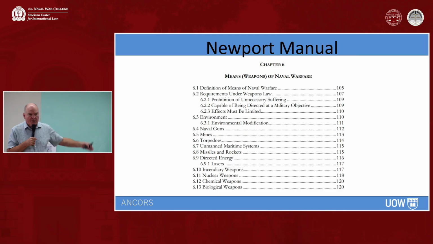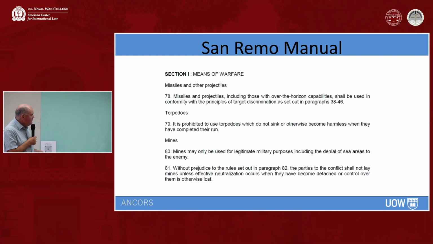So I'm not going to go through all of these in detail, but we'll look at some of them as we go through. As I said, the San Remo Manual has really not a great deal other than what it says about mines in some detail.